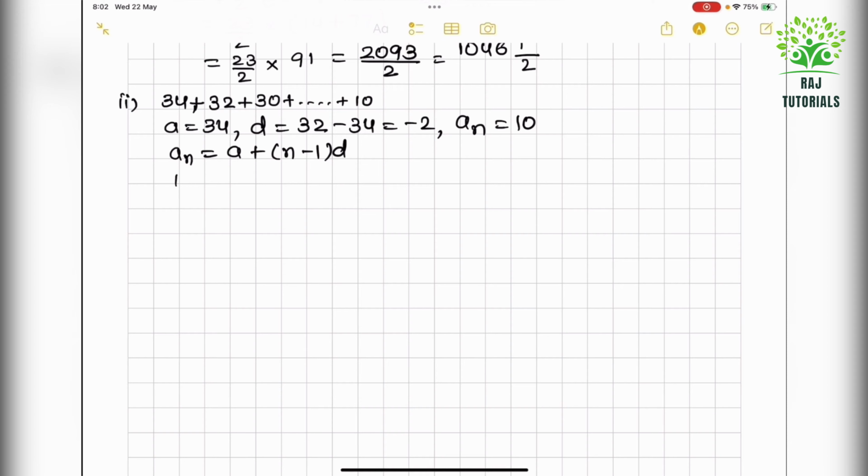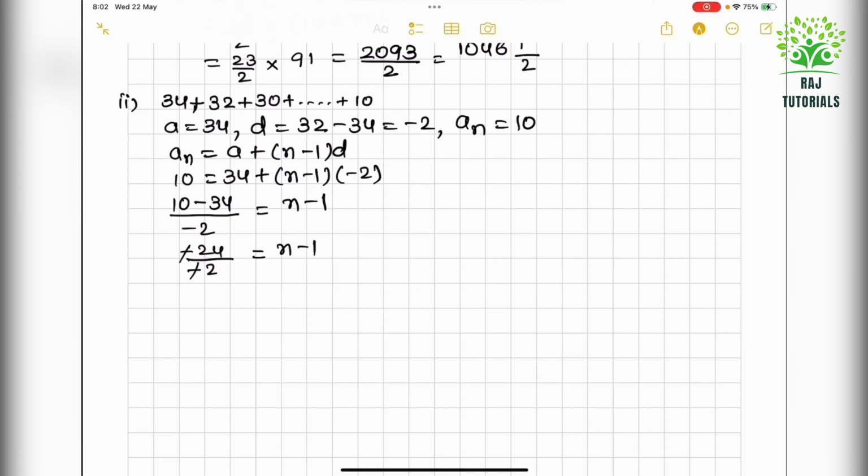So an is 10, a is 34 plus n I don't know and d is minus 2. So 10 minus 34 by minus 2 will be n minus 1. So minus 24 upon minus 2 equal to n minus 1. So 12 equal to n minus 1. So n equal to 13.